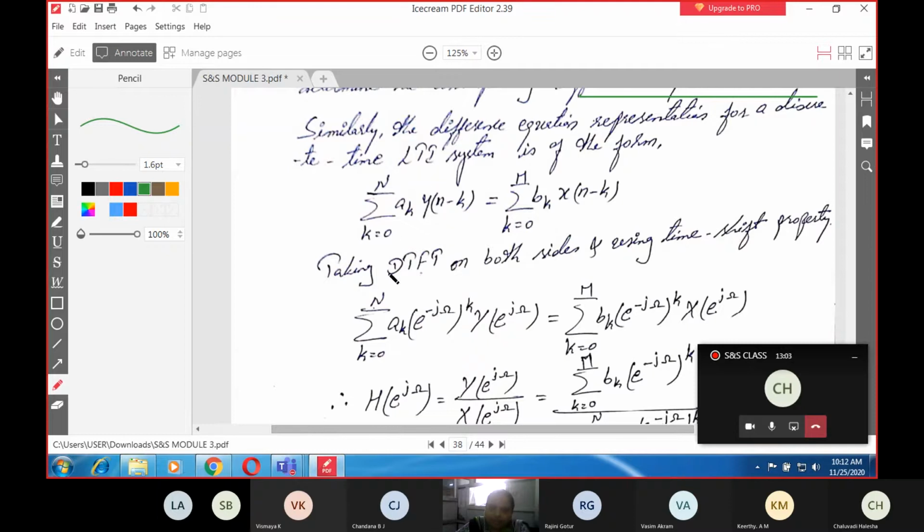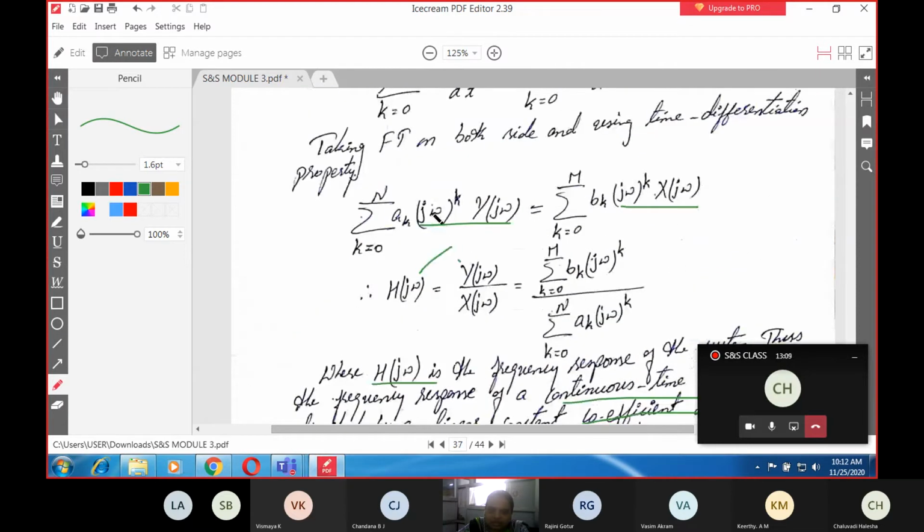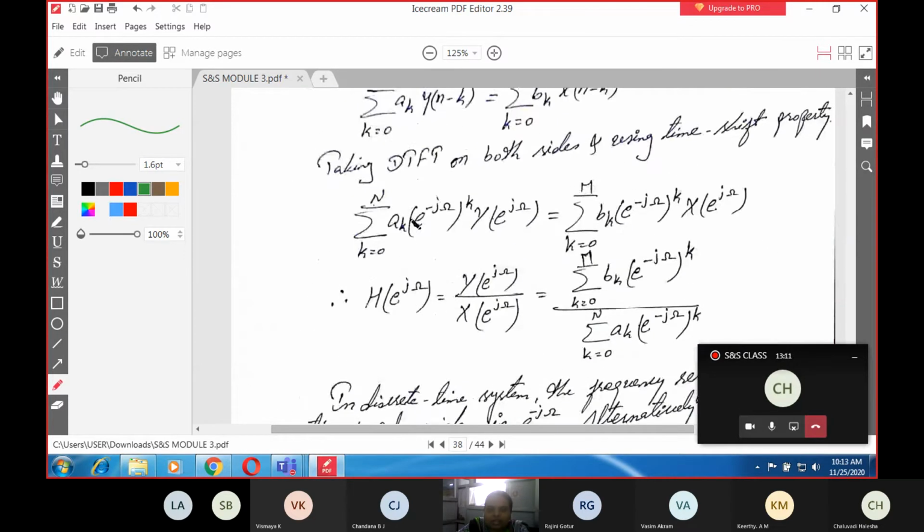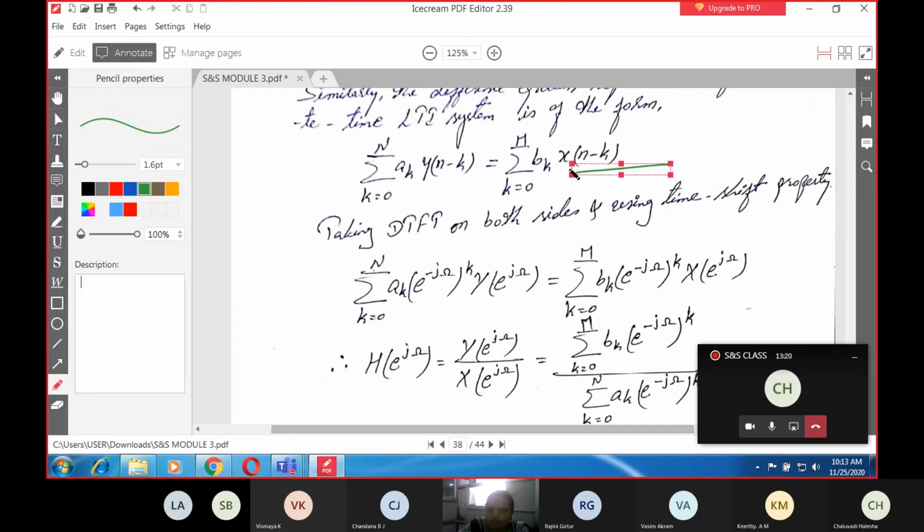Taking a DTFT on both sides, here it is taken as e raised to j omega. We will be writing it in terms of e raised to minus j omega power k, Y of e raised to j omega, that is equal to, for x of n minus k, e raised to minus j omega power k X of e raised to j omega.